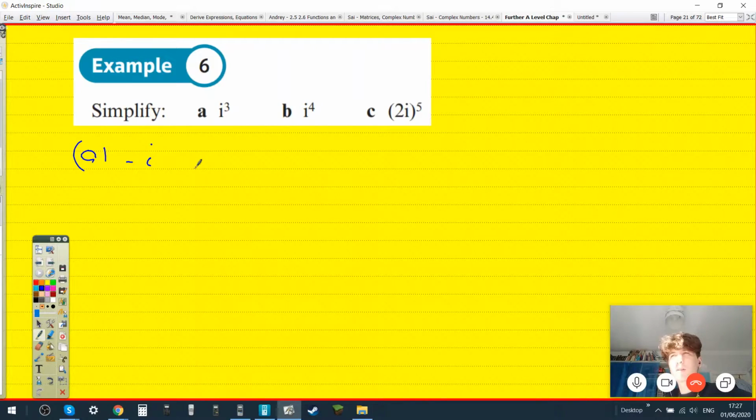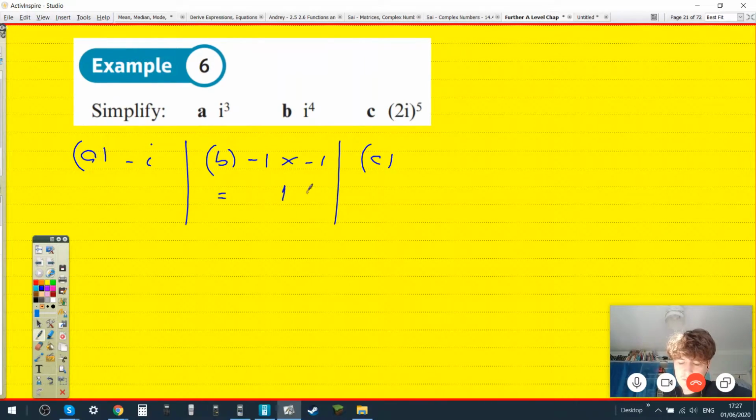Let's think about this. Minus 1. So it's going to be minus 1 times minus 1, I think. Yeah. What is minus 1 times minus 1? Just 1. I think that was just 1. And see, 2i to the 5.